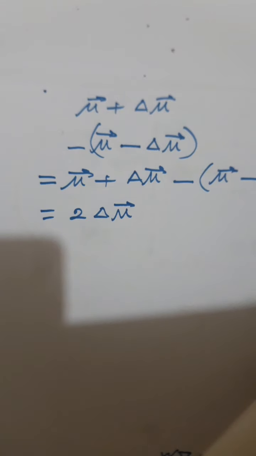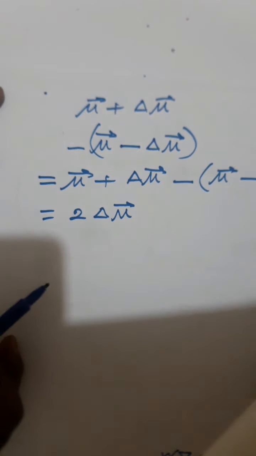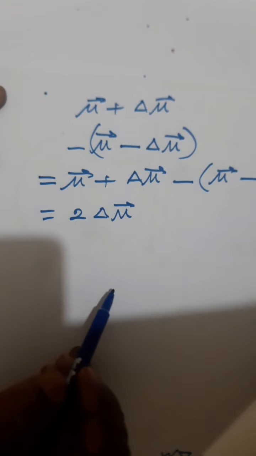We remember the magnetic moment of the first electron was vertically upward, and the magnetic moment of the second electron was vertically downward. That is, one was mu and another was minus mu.